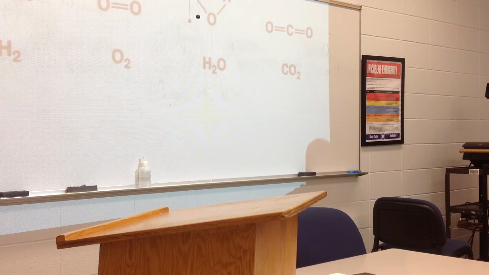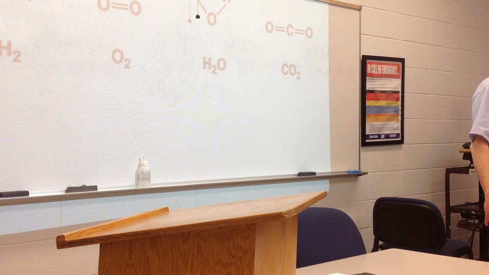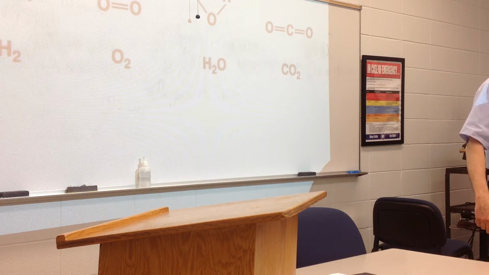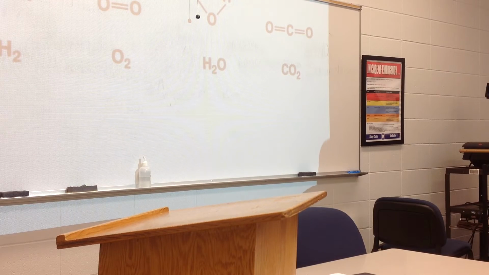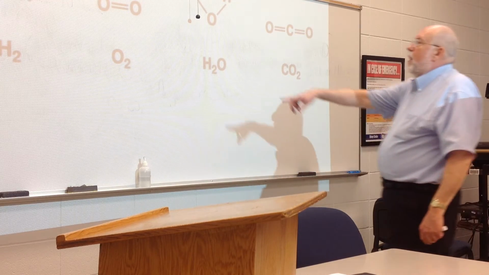If we continue on down in that group, chlorine, bromine, iodine, same deal. They get put together with a single covalent bond. And it's a regular covalent bond because each atom contributes 1 electron to form the bonding pair. Now, if we move over to oxygen, you notice that we had to kick it up a notch.